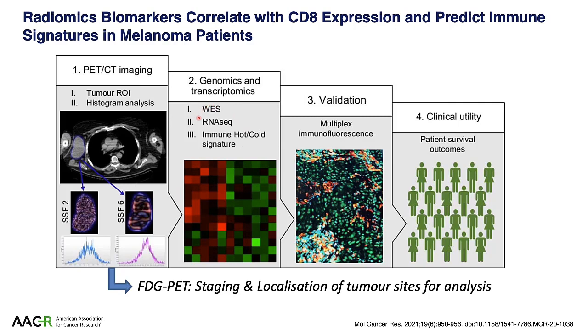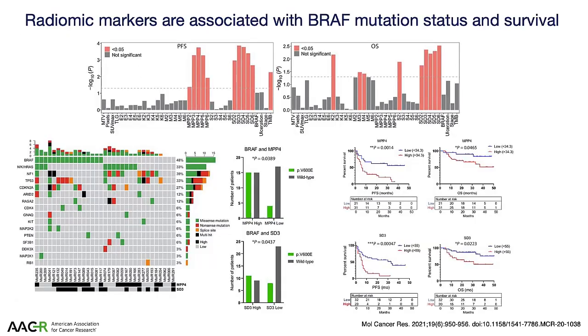The patients also had a range of genomic and transcriptomic analysis performed, which I shall show shortly. And then this was validated by using immunofluorescence to show that these genomics was actually translated into changes in protein expression, and there was also a look at survival outcomes in these patients.